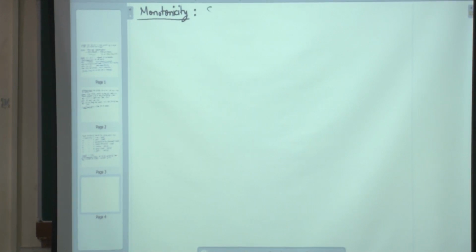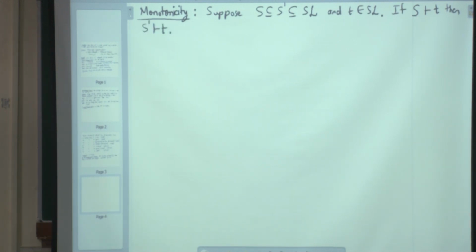Suppose S is a subset of S prime and S prime is a subset of SL, and T is in SL. If there is a proof of T from S, then there is a proof of T from S prime.